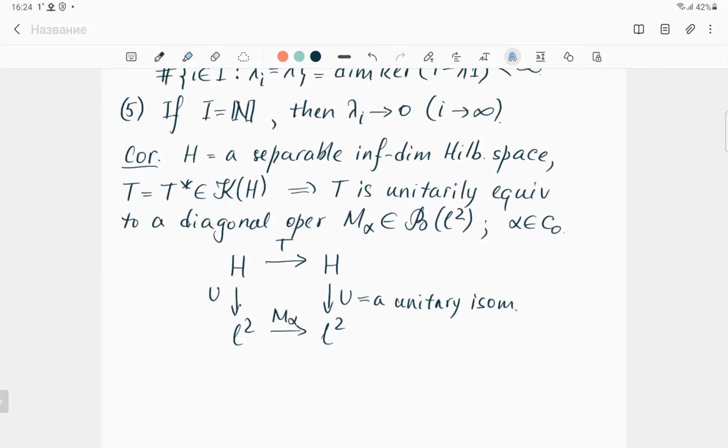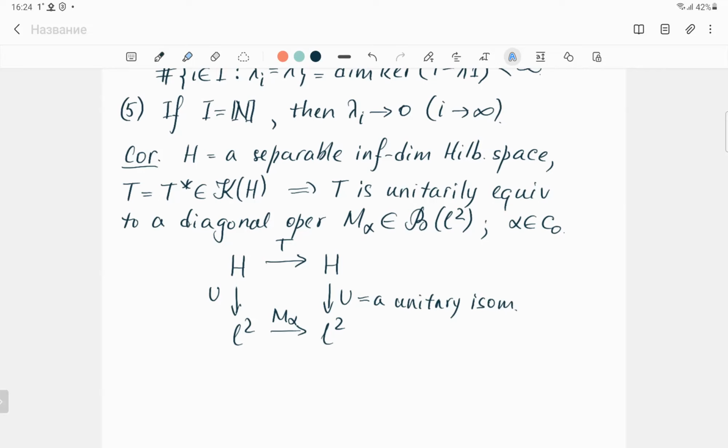Also, there is a famous application in representation theory of compact groups, namely the Peter-Weyl theorem on representations of compact groups, which is proved with the help of the Hilbert-Schmidt theorem. And there are many other interesting applications.